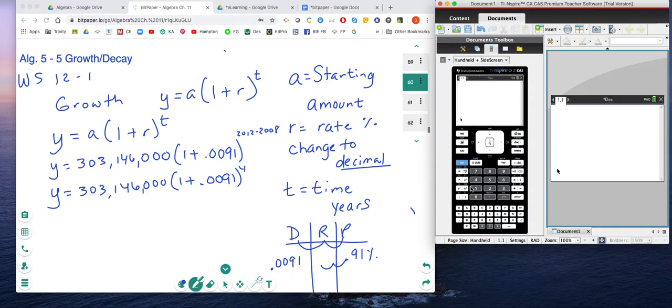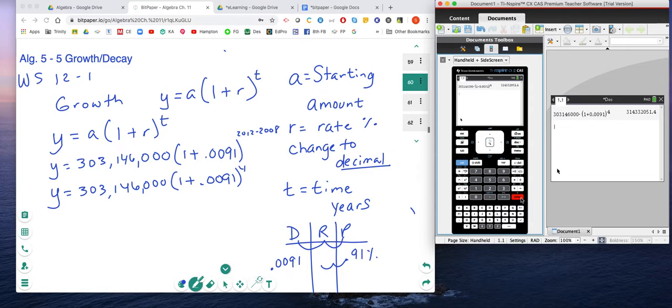And now we're going to go ahead and put in our equation. 303,146,000, parentheses, 1 plus 0.0091, parentheses, and caret to put our exponent in, 4, enter.